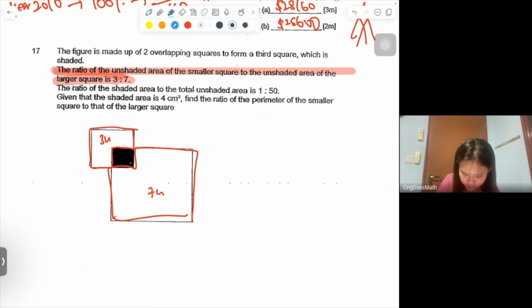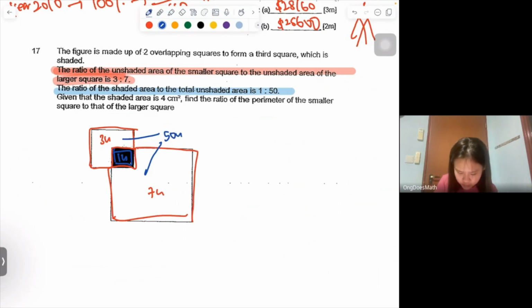Next, ratio of shaded area to total unshaded area is 1:50, which means that this shaded is 1 unit, and this plus this will give you 50 units. Then they tell you that the shaded area is 4 cm square.